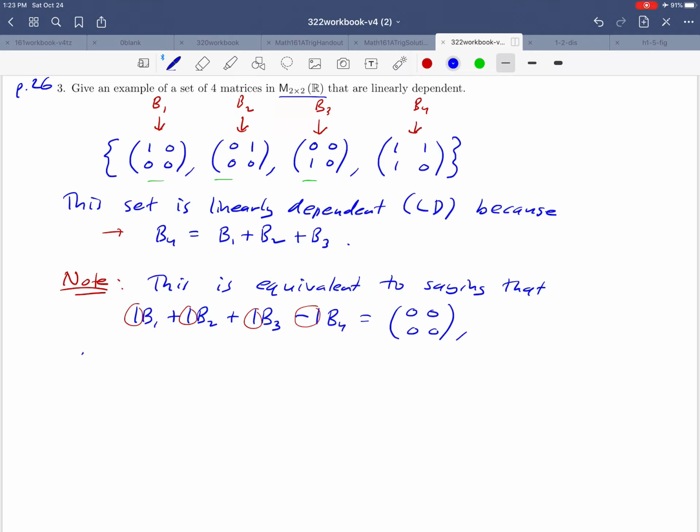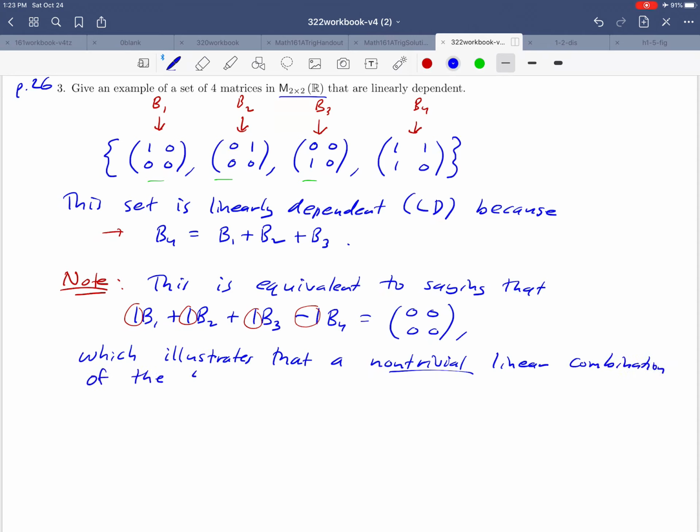Okay, so we'll just finish this statement by saying this illustrates that a non-trivial linear combination of the four matrices equals the zero vector, which in this case is the zero matrix. Again, that just emphasizes that, sure enough, this is a linearly dependent set that we're talking about.